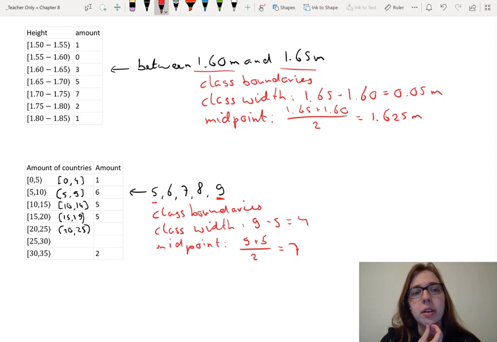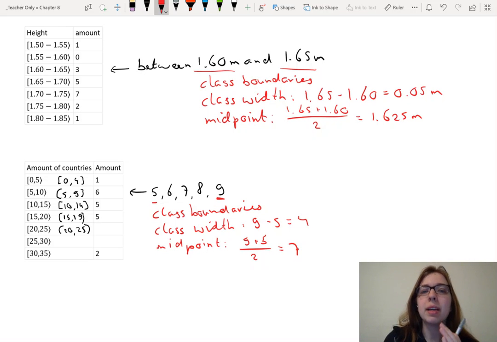So the difference here is whether this final point actually really matters. If my final point is the 1.65 meters, then anything up to 1.65, doesn't matter how close you get, is still in there. So we still need to consider it. And then we just take 1.65 as our class boundary, even if we don't actually reach it. But in this example, we don't reach 10, we don't reach 9.9.